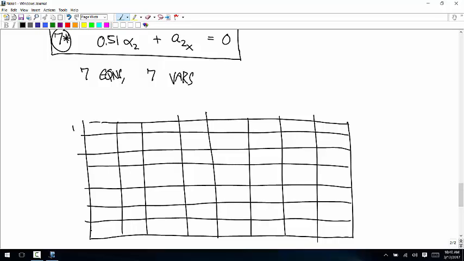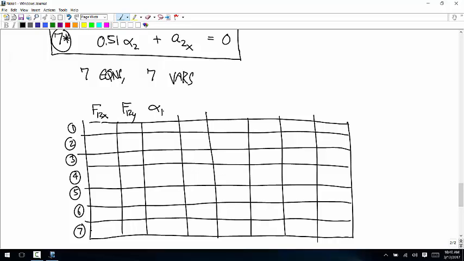Okay, so equations, we have 1, 2, 3, 4, 5, 6, 7. For variables, we have f12, x and y. The order I have it here, I'm going to leave it in the order I have it in my notes.